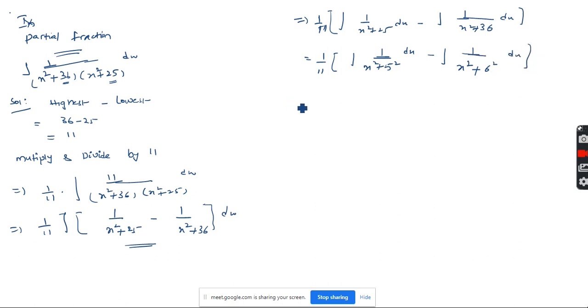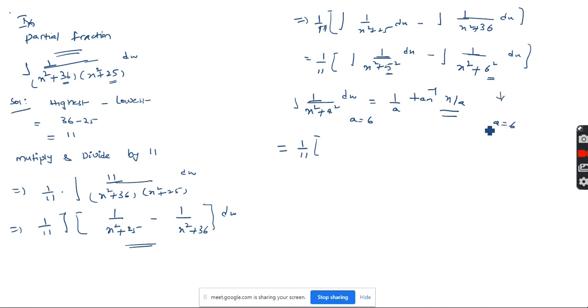We know that the integration of 1/(x² + a²) is 1/a tan inverse x/a. This is the formula. For this part a is equal to 5, and for this part a is equal to 6.